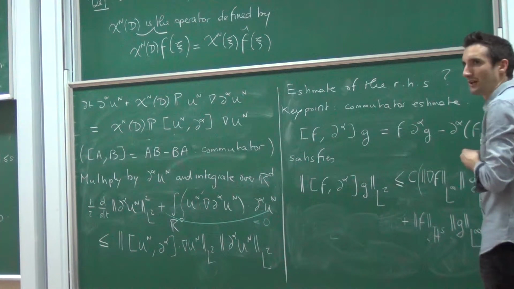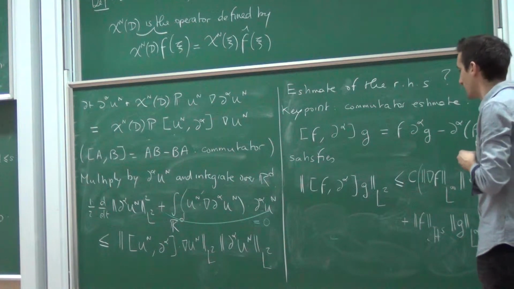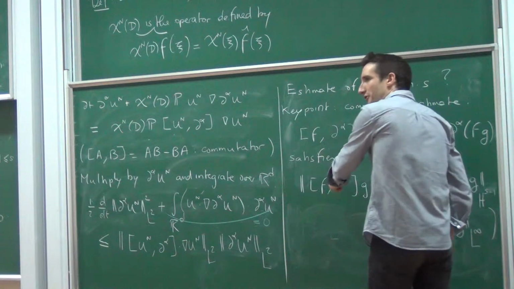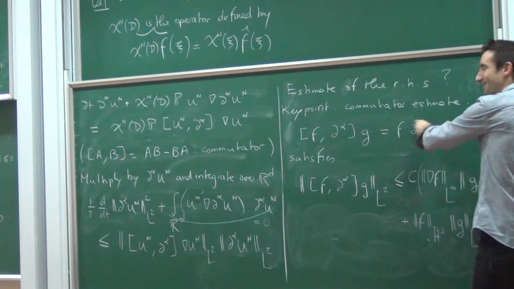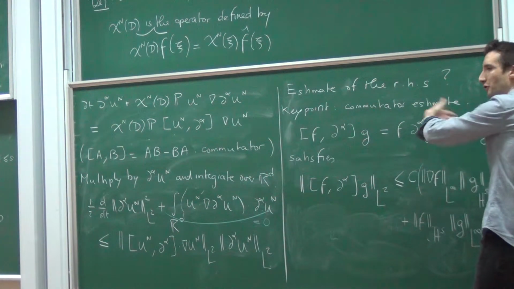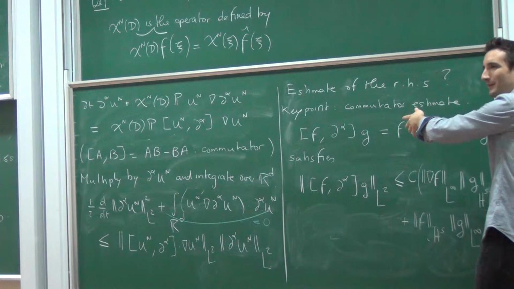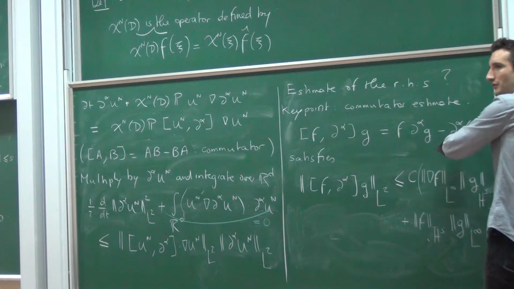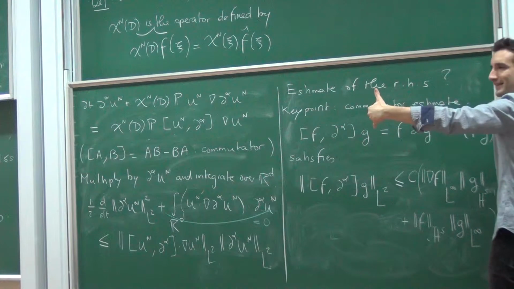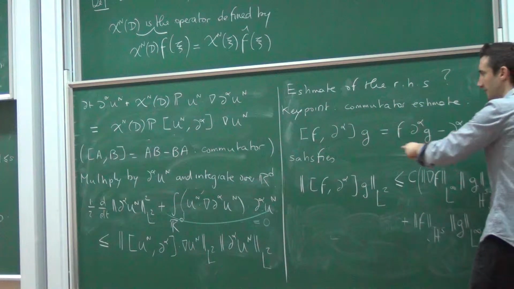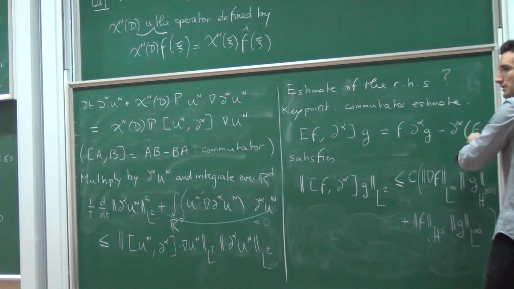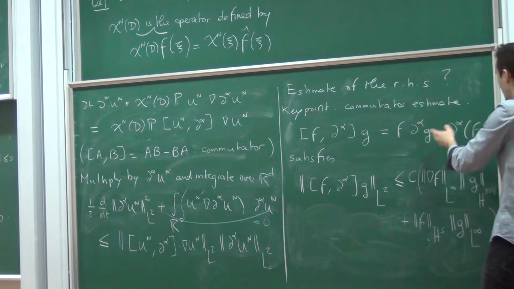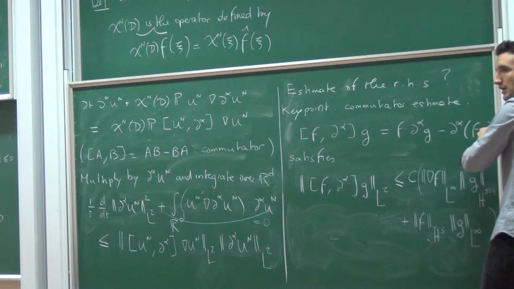So I don't have time to prove this inequality, but it's easy to understand where it comes from. In this term here, you have a bunch of terms, but what are the extreme cases? The extreme case in this commutator is the case where one derivative hits the f and all others hit the j.